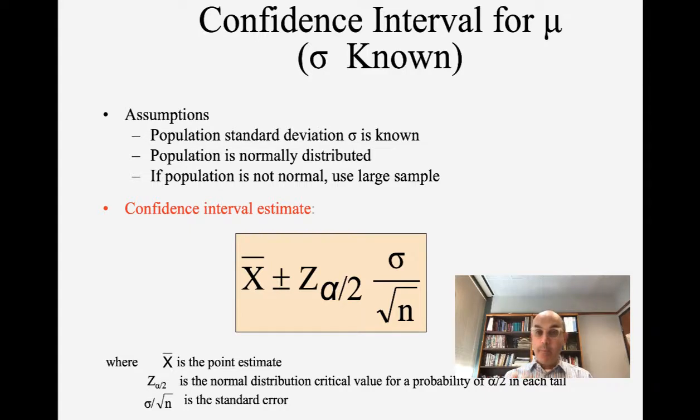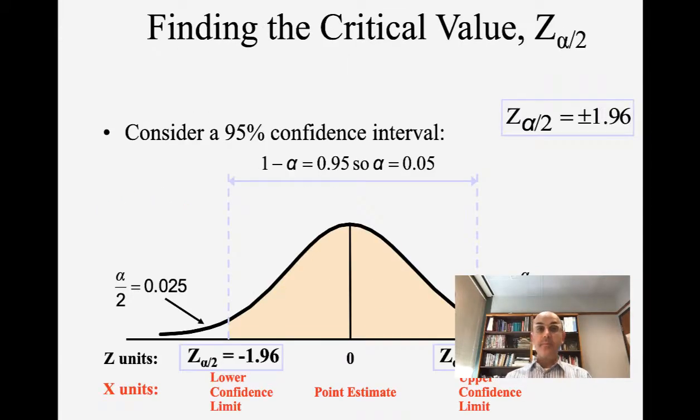It's not the sample proportion, but the point estimate of the mean when sigma is known, so we assume a known population standard deviation. The population is normally distributed, and if the population is not normally distributed, we will use a larger sample.